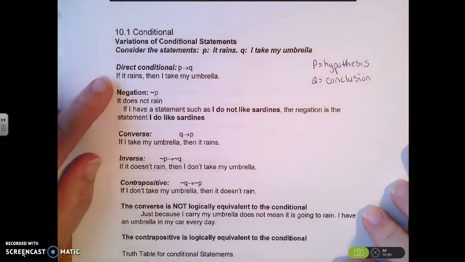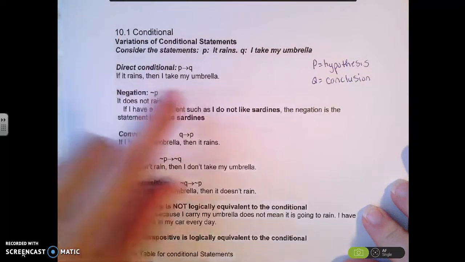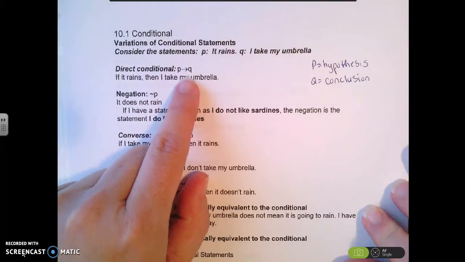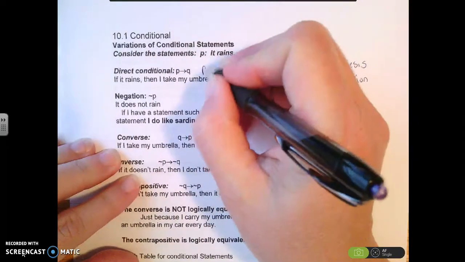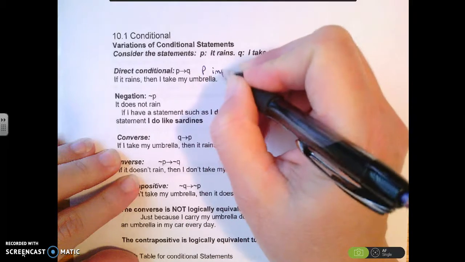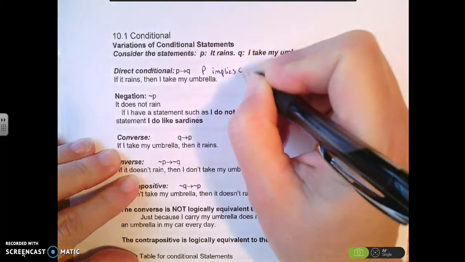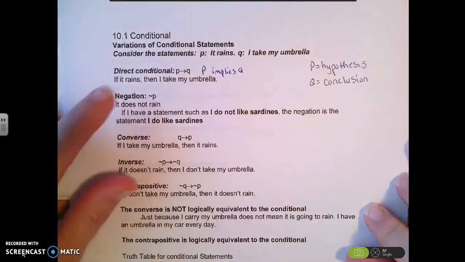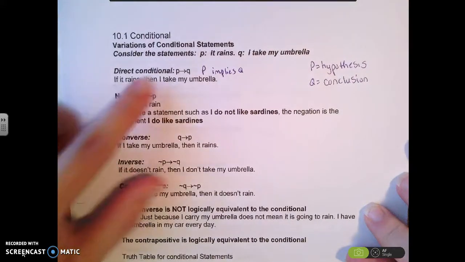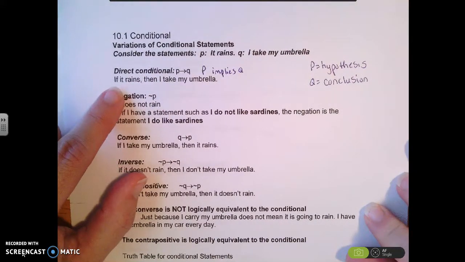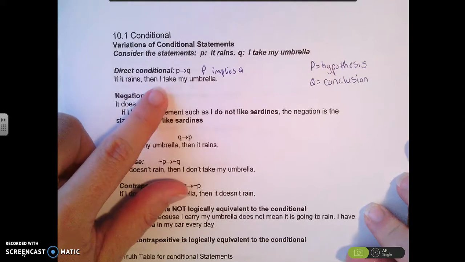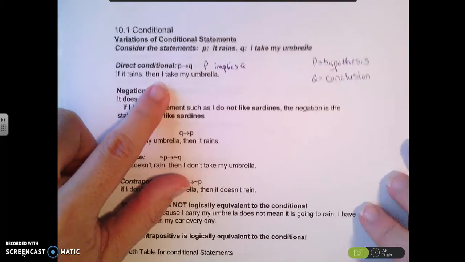So for a direct conditional statement, which I would write symbolically as P implies Q, and you can also say if P then Q. I can rewrite that by substituting in the P and Q value. So if it rains, then I take my umbrella.